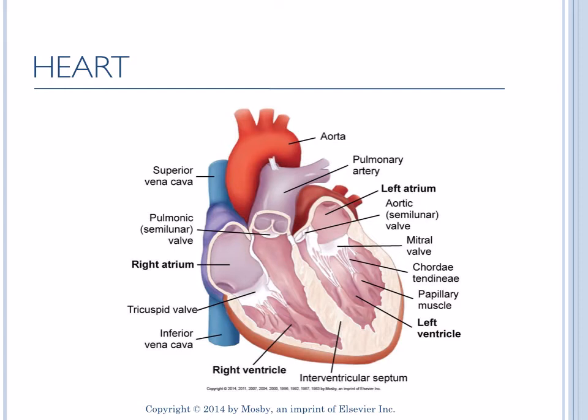Now, forward flow of the blood is blood flow going out of the left ventricle. It can be measured through a special catheter, called a thermodilution catheter, popularly known as a pulmonary artery or Swan-Ganz catheter. Swan, like the bird, Swan-Ganz catheters.